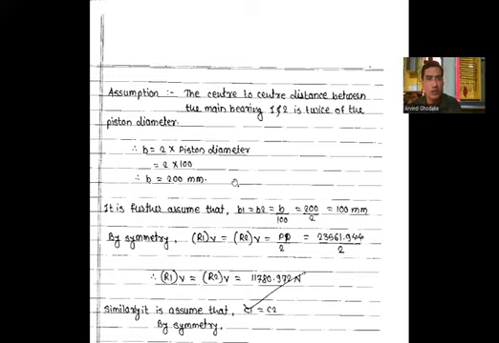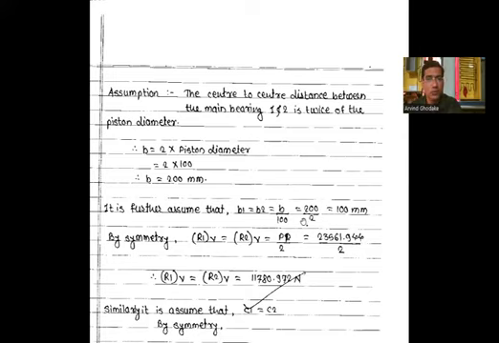Now, the next assumption is that the center to center distance between main bearing 1 and 2 is twice the piston diameter. Therefore B is equal to 2 times the piston diameter, so B is equal to 200 mm. It is further assumed that b1 equal to b2 equal to B by 2, therefore 200 by 2, that is 100 mm.